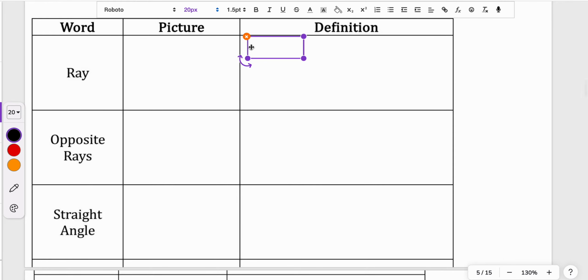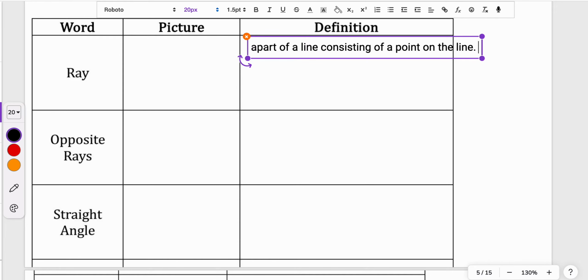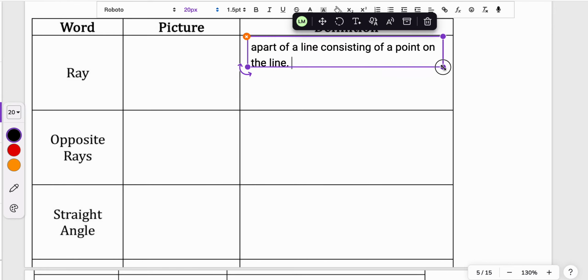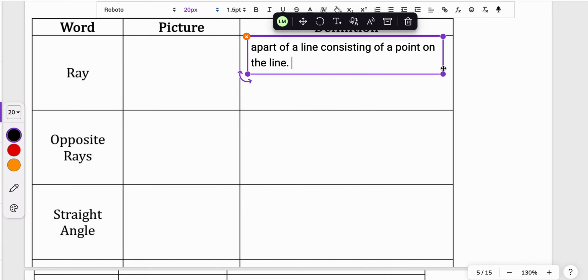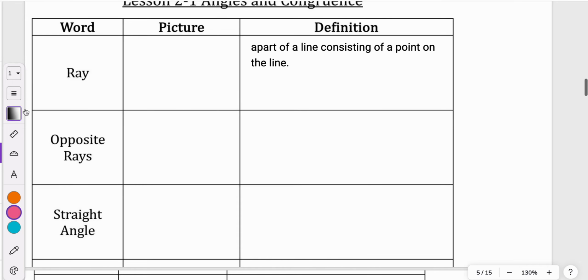So a ray is our first part, a part of a line consisting of a point on the line. So here would be a good picture drawing. We're going to have ray AB. So we make a point and an arrow to one side where A would be one point and B would be the other end, but notice how B is on the end where it keeps going.